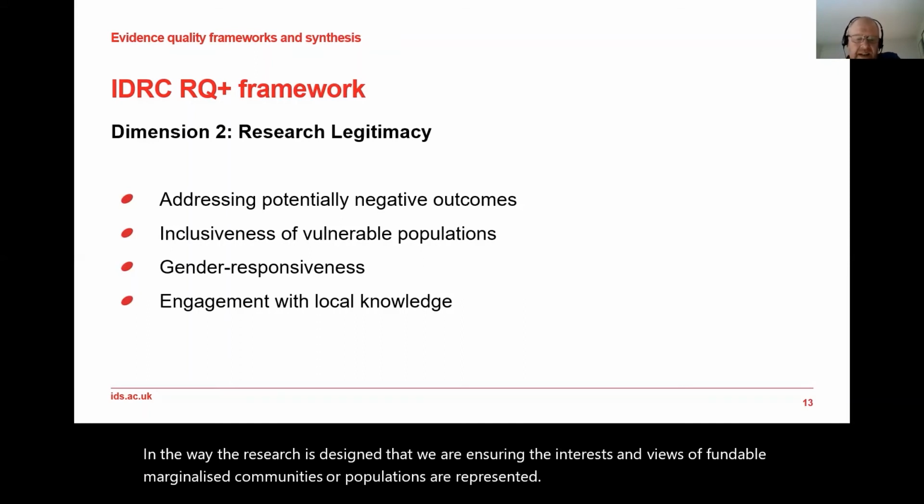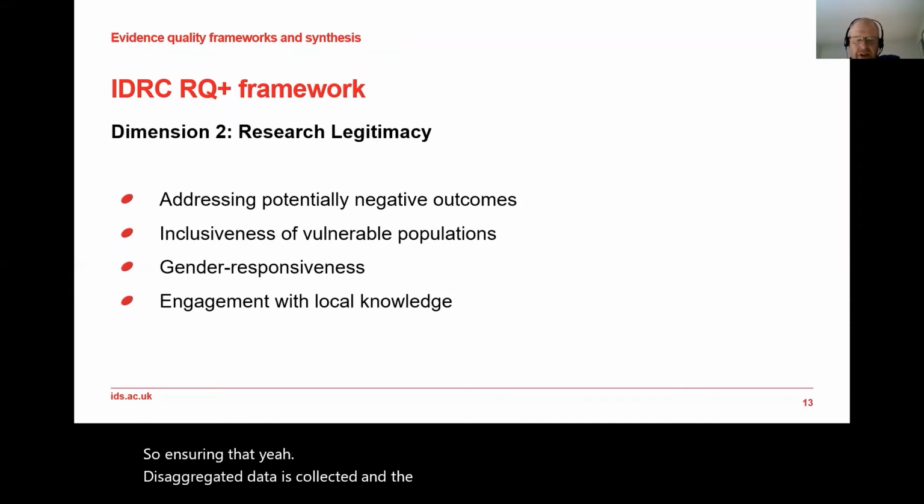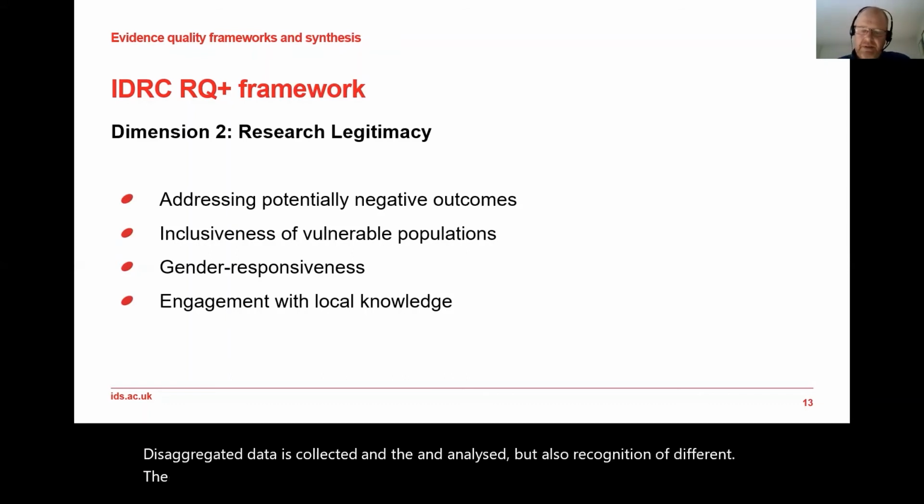And linked to that, the research design also addresses issues of gender roles and norms, of identities, including other intersectional identities. So ensuring that disaggregated data is collected and analysed, but also recognition of the need for different solutions for different identity groups.